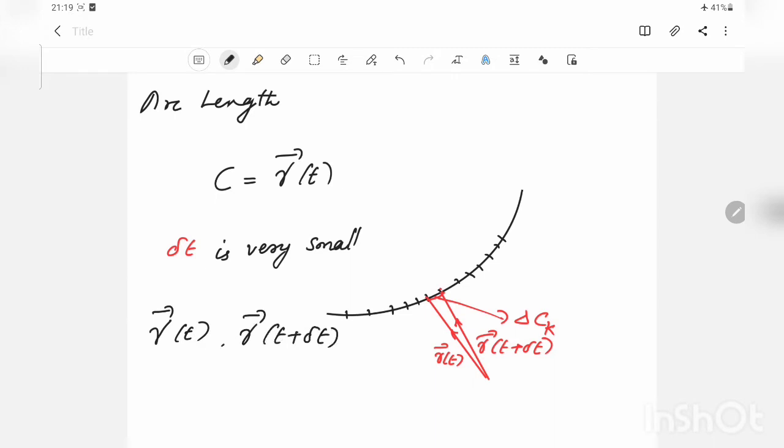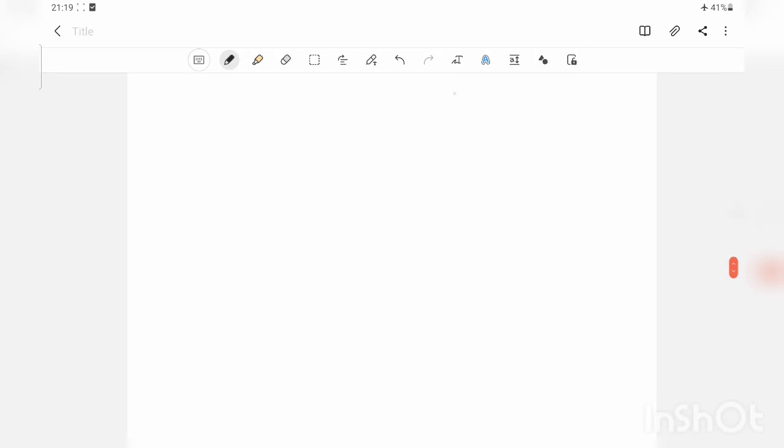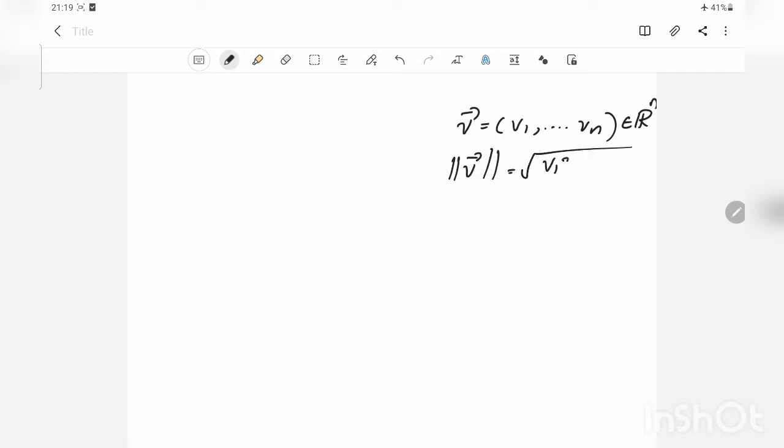And we know that the length of such a line segment is given by the norm of gamma of t plus delta t minus gamma of t. Recall that the norm of a vector v = (v1, v2, ..., vn) in Rn is given by norm v equals root of v1 square plus ... plus vn square.